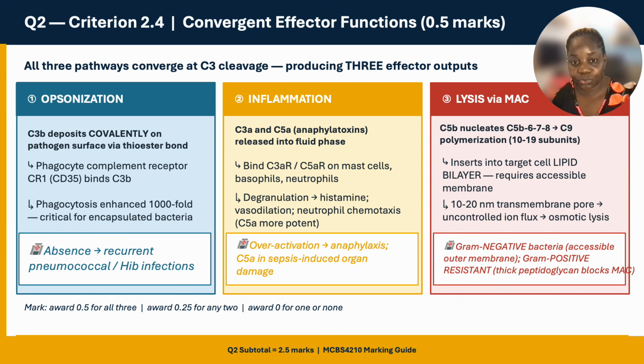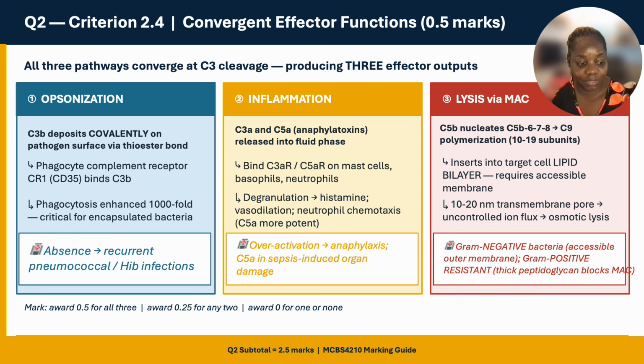So students should ideally mention CR1, that is complement receptor 1, as a phagocyte receptor that binds the C3b. If they write only phagocytes engulf C3b coated bacteria without naming which receptor is responsible, I will accept partial credit, but the answer is technically incomplete.